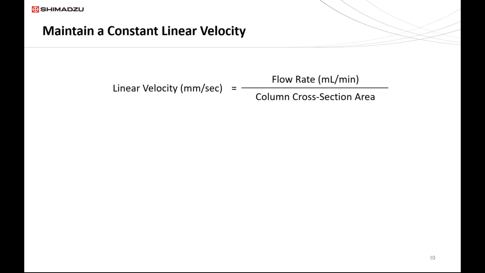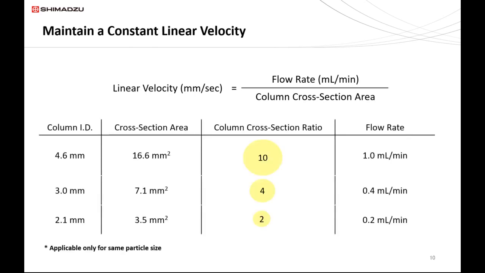Here is the formula for calculating the linear velocity. The linear velocity is equal to the analysis flow rate divided by the column cross-sectional area. So if you are using a 4.6 mm ID column, the cross-sectional area would be 16.6 mm squared.